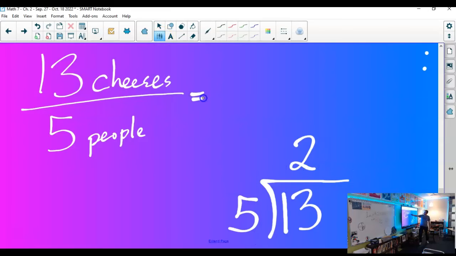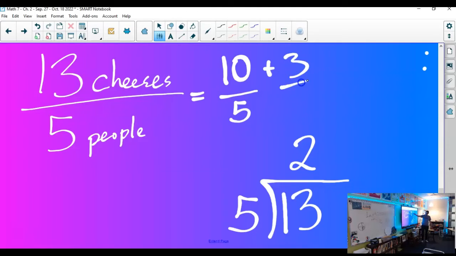So we could think of our 13 cheeses like 10 and 3 more. And 10 divided by 5 does work. That's 2. So now we have 3 divided by 5 we still have to deal with. So this is not 55, it's just thinking of them separately.